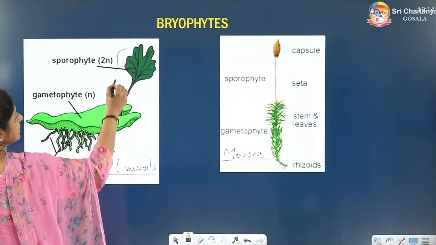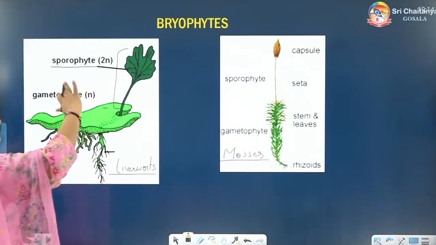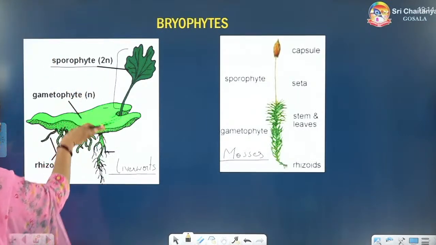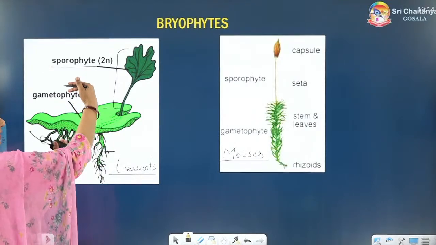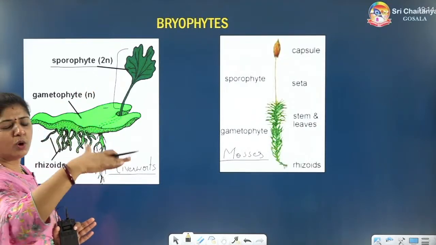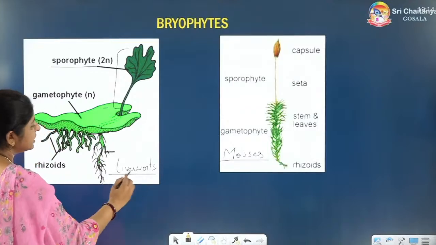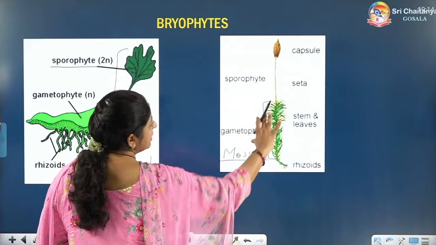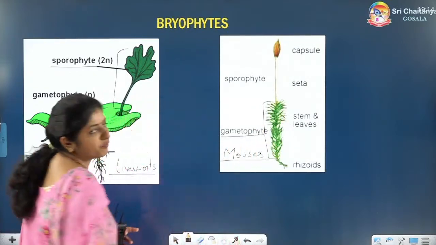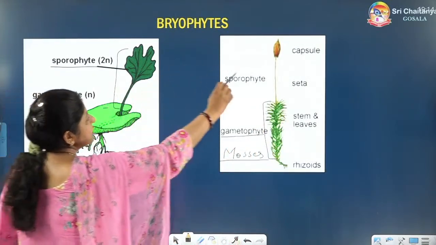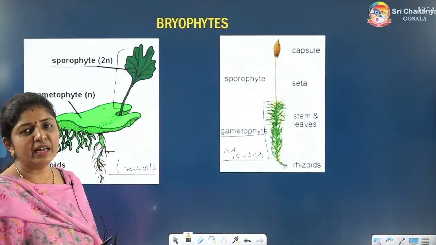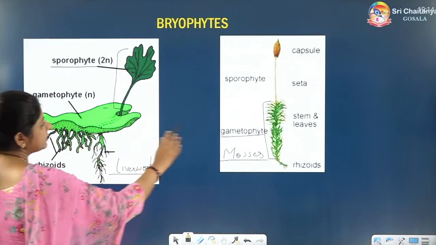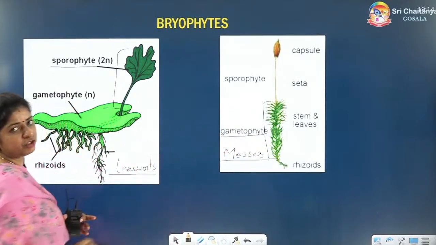This part is the sporophyte, which I will discuss later. Only focus on this part, which is dorsiventrally compressed like a shoe on the floor. So these are liverworts, and here you consider only this much part, which represents the gametophyte. The sporophyte originates later in their life, right? So keep in your mind, it will have this structure initially in nature.